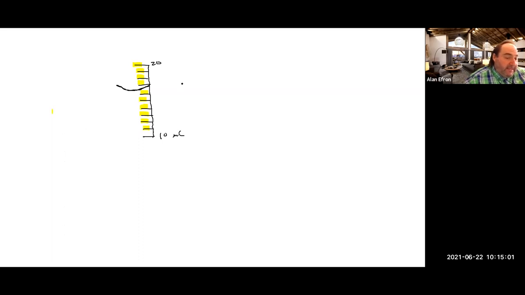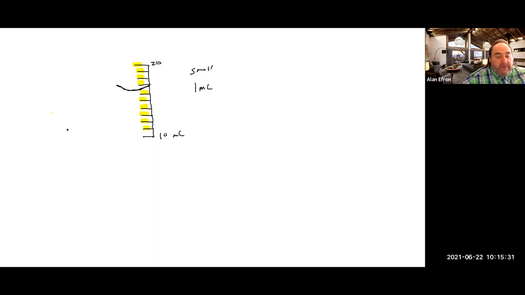The difference here is 10, which means each of these small markings is 1 milliliter. That would be 11, 12, 13, 14, 15, 16, 17, 18, 19, 20. So even though we still have 10 markings between the two numbers, because the scaling is different on this piece of equipment, we actually have a different value for what each of these little markings represents.